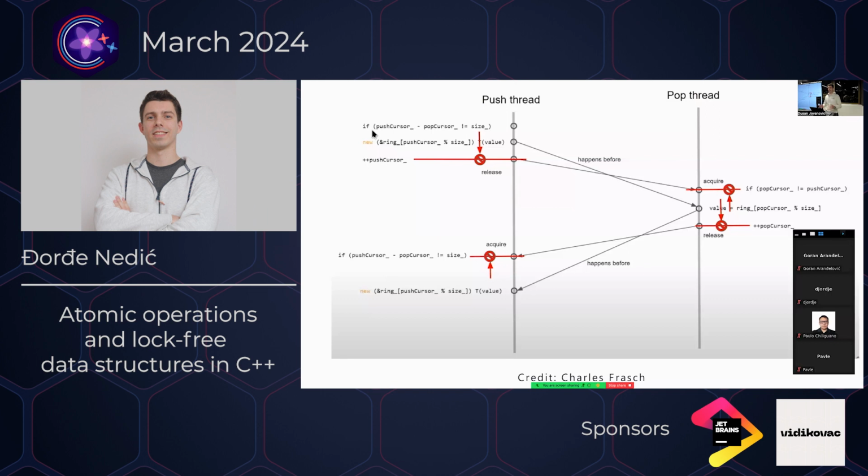Yes, different architectures have different memory ordering guarantees, and x86 has what's called strong memory ordering. What that means is that basically each load is an acquire and each store is a release in terms of ordering. However, the loads and stores themselves are not atomic unless you use atomics.